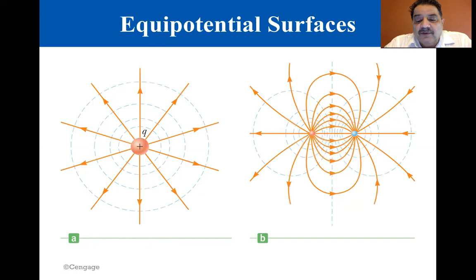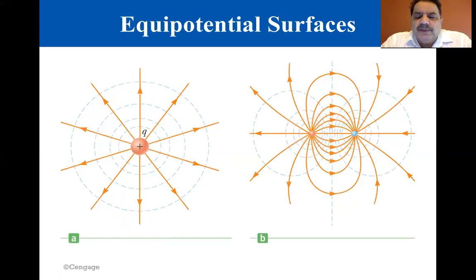Also, the electric field at every point of an equipotential surface is perpendicular to the surface. If the electric field had a component parallel to the surface, that component would produce an electric force on a charge placed on the surface, which would do work on the charge as it moved from one point to another. This is in contradiction to the definition of an equipotential surface.